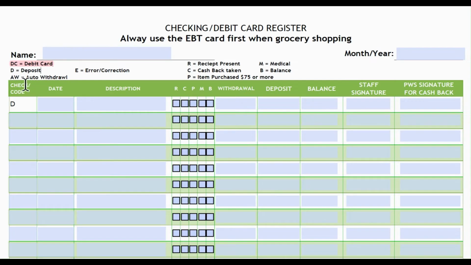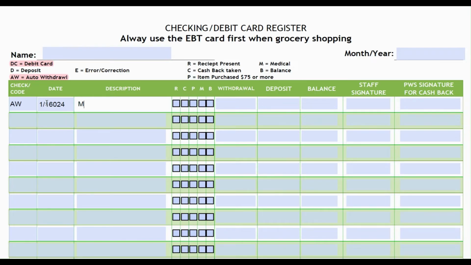A lot of people now have automatic withdrawals coming out of their accounts. So, like the Hulu subscription or Amazon, and the code is AW for auto withdrawal. The next column is the date. So, of course, that'd be just today, which for me is the 16th. And then the description of the receipt.